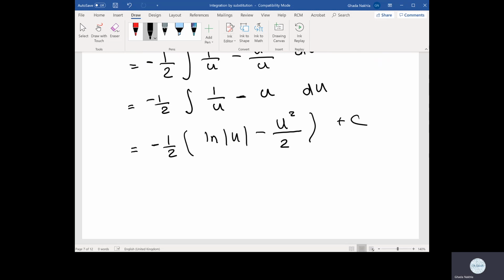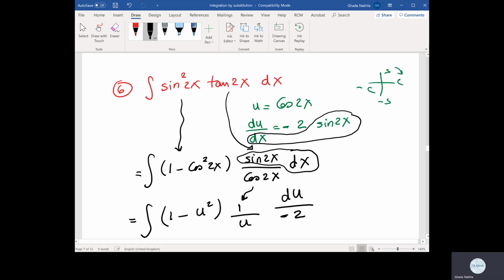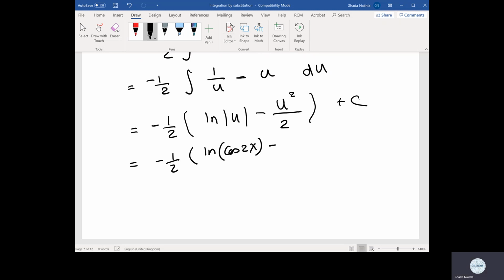One final last step is to put u back in terms of x, and u is cos 2x. So let's go back and put, whenever we find a u, we replace it by cos 2x. So minus a half ln mod cos 2x minus cos squared 2x over 2, plus c.